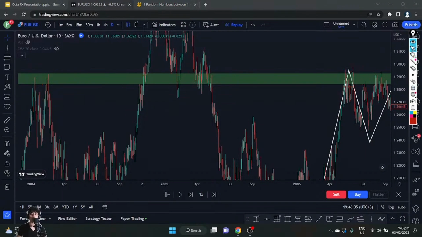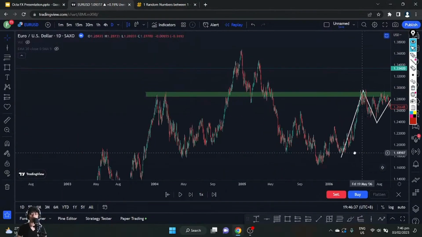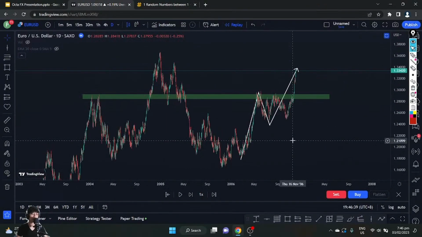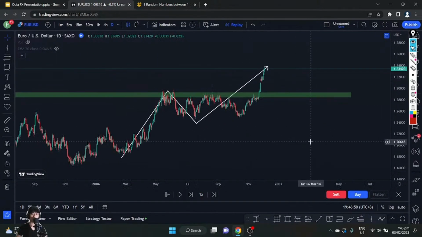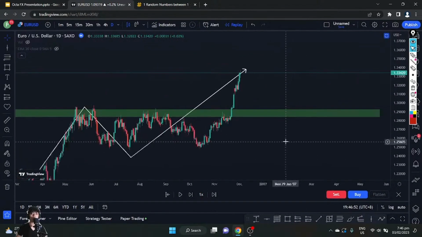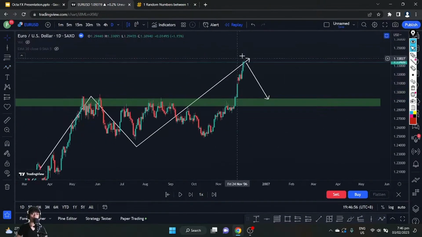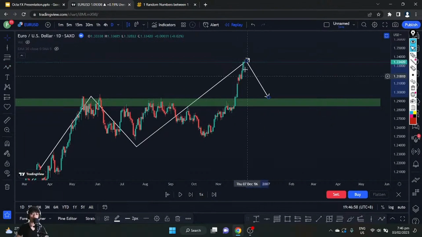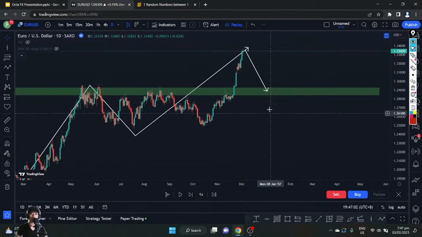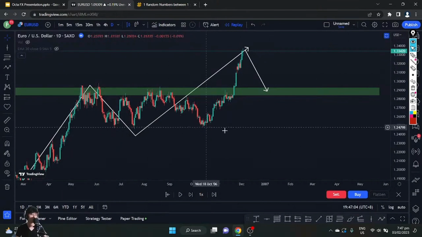So this is indeed our recent structure level. And this has been tested not just twice, but 3 times before. And because of that, we should be prepared, if the price creates another pullback, another correction, by looking to buy inside the support zone.